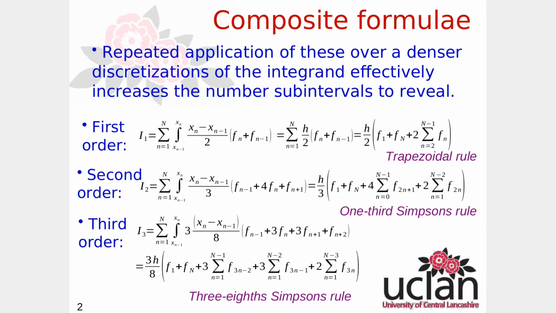And this is where the rules come from, I guess. You've got the trapezoidal rule because it basically divides it into trapezoids. The 1/3 rule, Simpson's, because it's h over 3, and then the 3/8 rule because it's 3/8 times h.